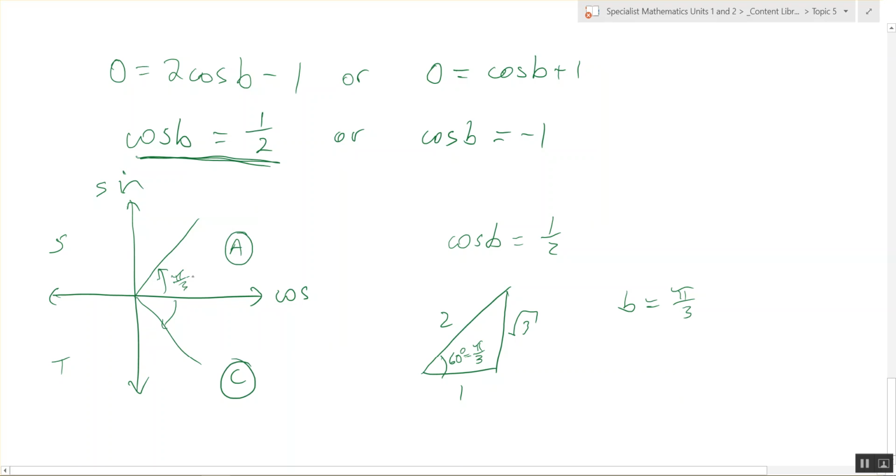So if we're going to go back, we're on the cos axis because we're doing cos. Cos is positive. We've gone back pi over 3, which is the same as going 2 pi minus pi over 3. Does that make sense?